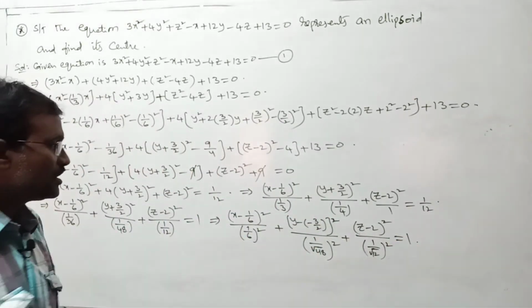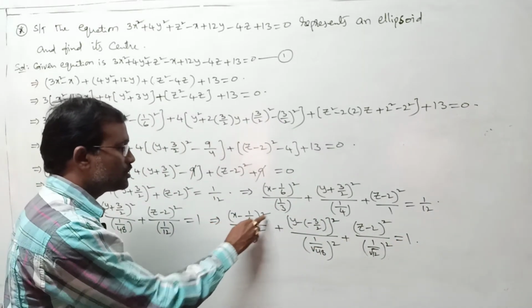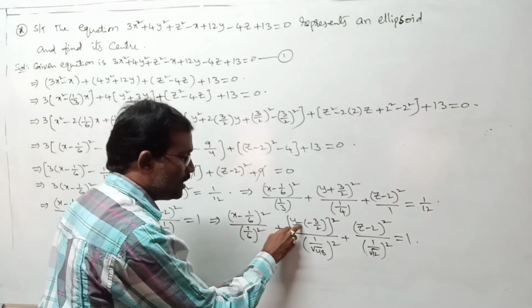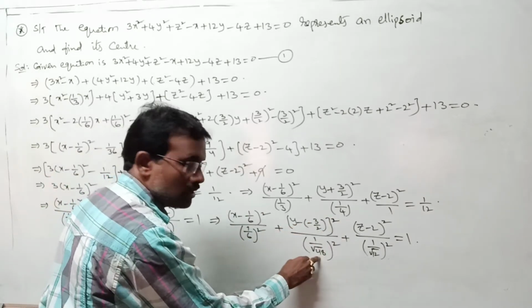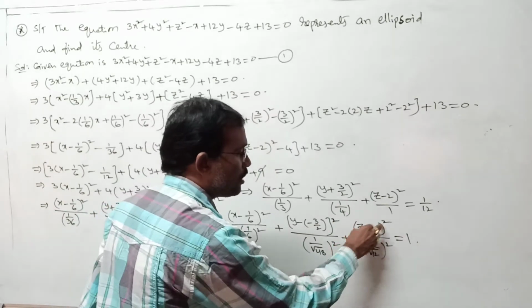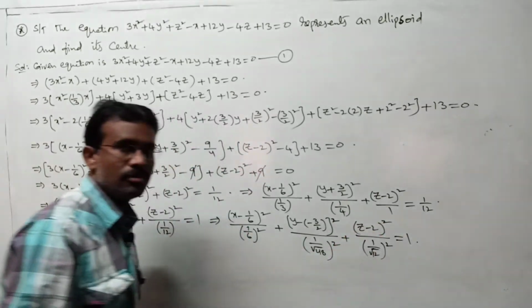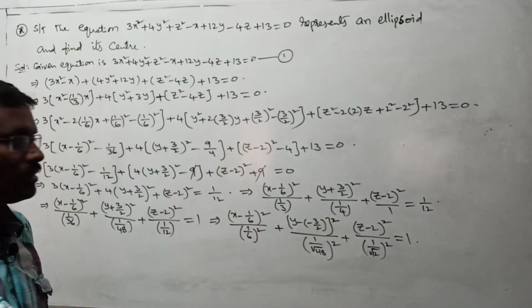Now look, it is in the form of (x minus h) whole square by a square plus (y minus k) whole square by b square plus (z minus r) whole square by c square equal to 1. Does it represent an ellipsoid or not?